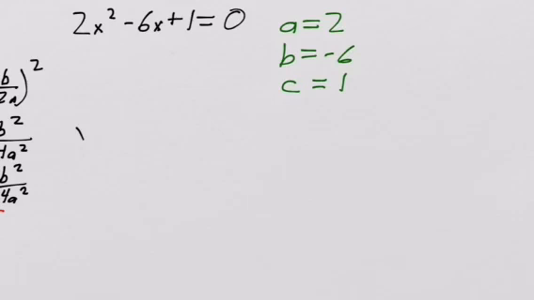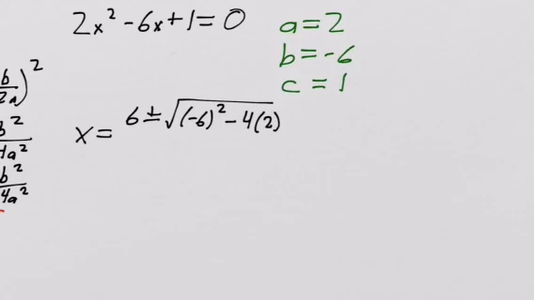And we'll plug it into the quadratic formula. X equals minus a negative 6, or positive 6, plus or minus the square root of b squared, or negative 6 squared, minus 4 times a, which is 2, times c, which is 1, all over 2 times a, which is 2.